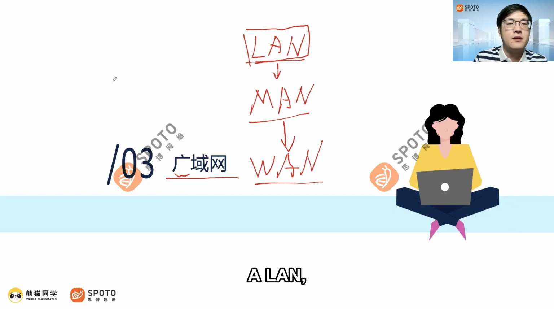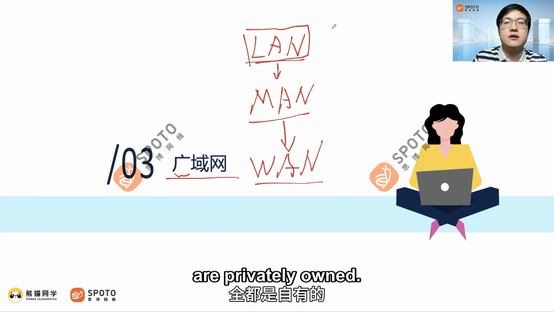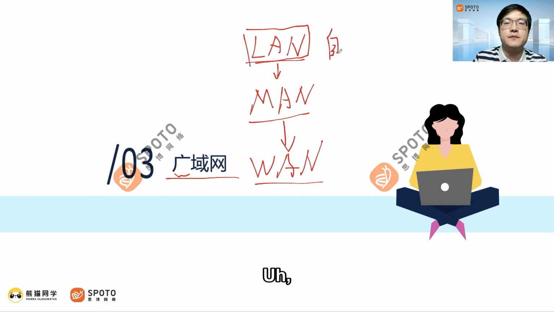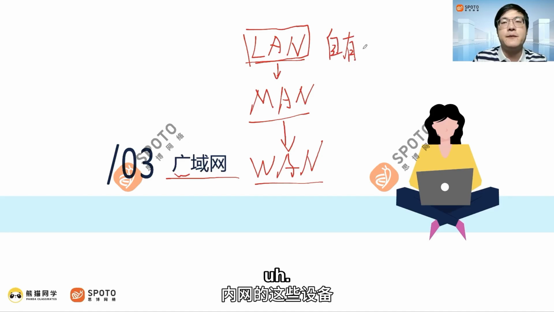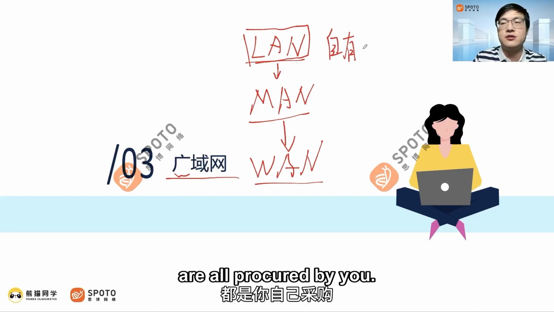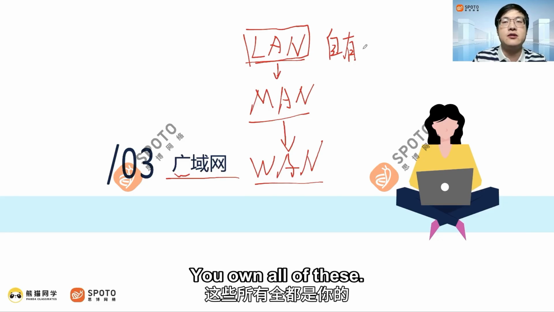A LAN means all internal devices are privately owned. For example, your company. The switches, routers, APs and AC are all procured by you, and you install and maintain them yourself. You own all of these.